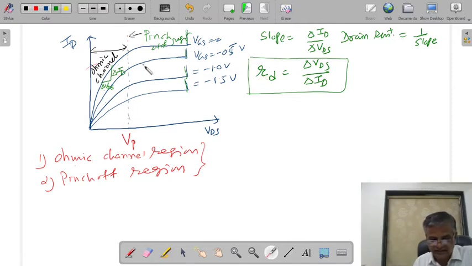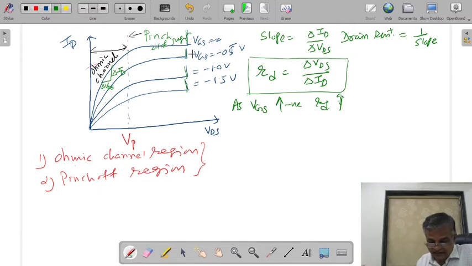So you can see here, as the negative gate source voltage increases, this slope decreases, and as a result drain resistance increases. Most important, as VGS increases negatively, drain resistance increases.